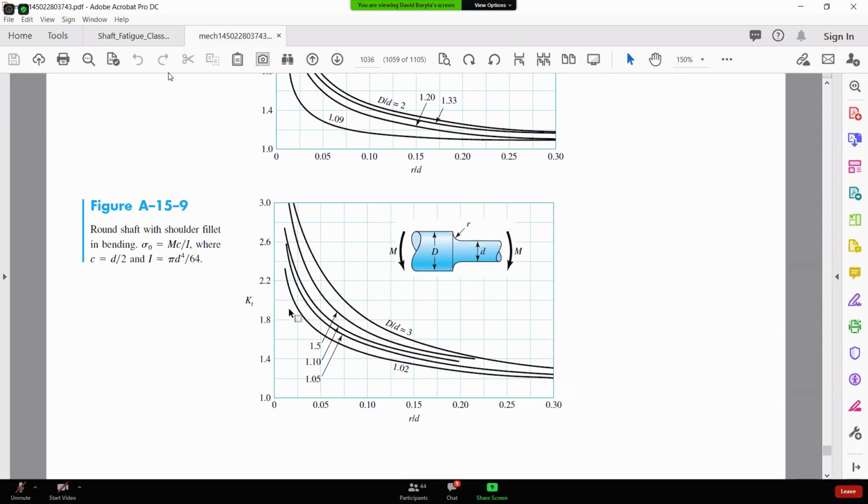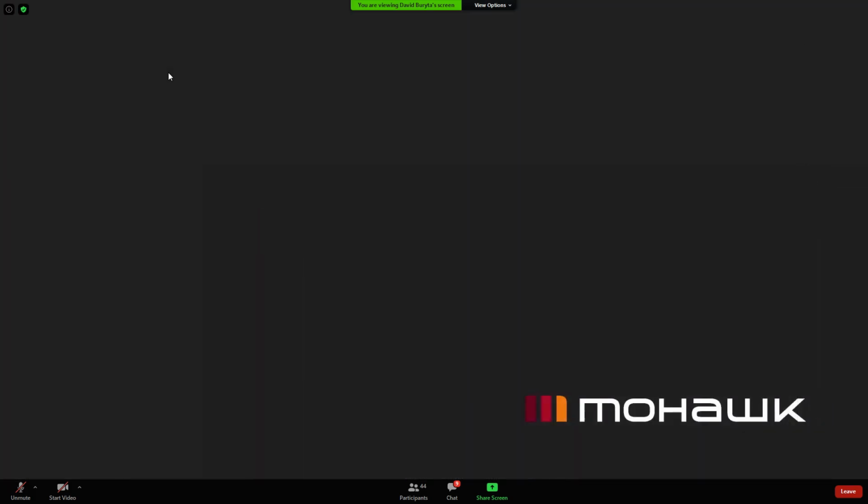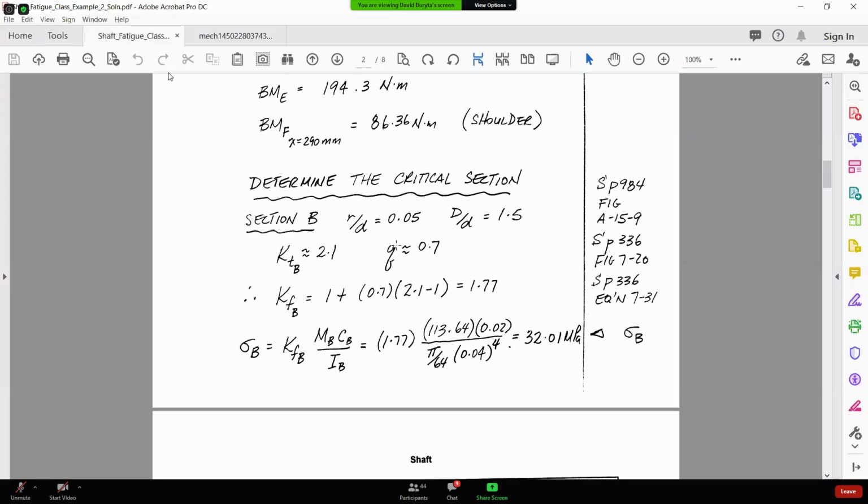And this is where you're going to have variability in your solutions if you talk to each other, because somebody might say, "Oh no, I didn't get that, I got something else." That's one of the reasons why I've taken those diagrams and photo expanded them, so that I can get a better resolution on the estimation of these Kt values. You don't necessarily have to do that.